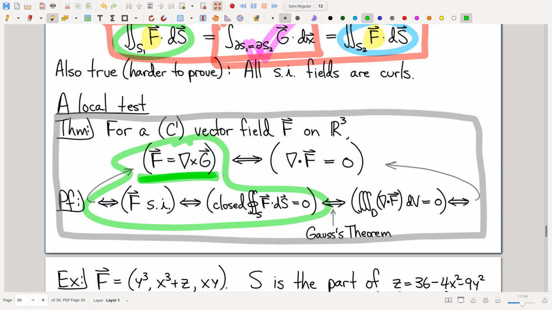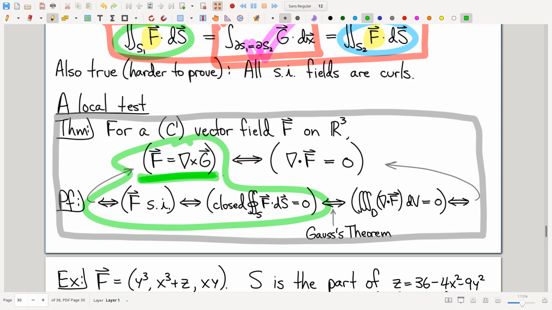And by the way, this is a tricky bit. One thing you could try to do is, given your vector field, which we hope might be a curl, find the anti-curl. You may recall, I've never shown you how to find an anti-curl. Turns out it's actually pretty hard algebraically, so that's not something we can realistically do.